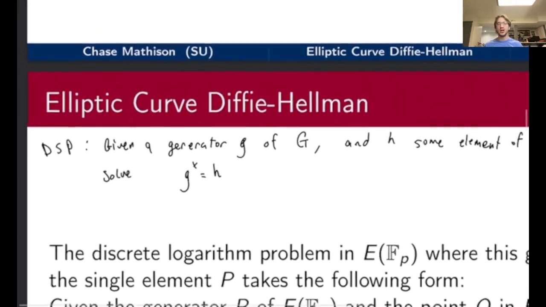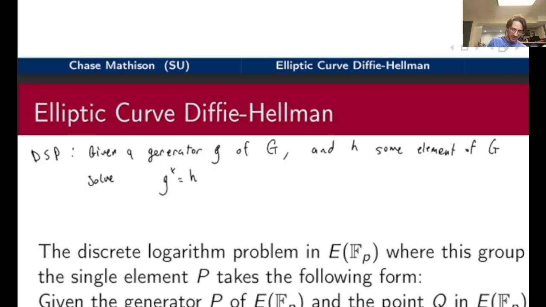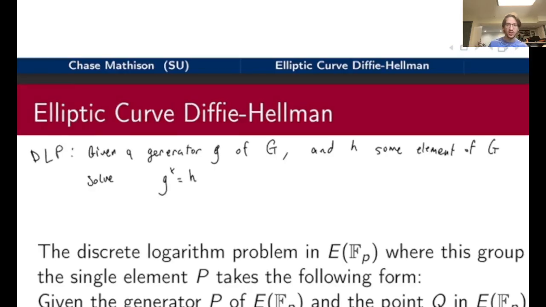That's the discrete logarithm problem for any cyclic group with a generator g.